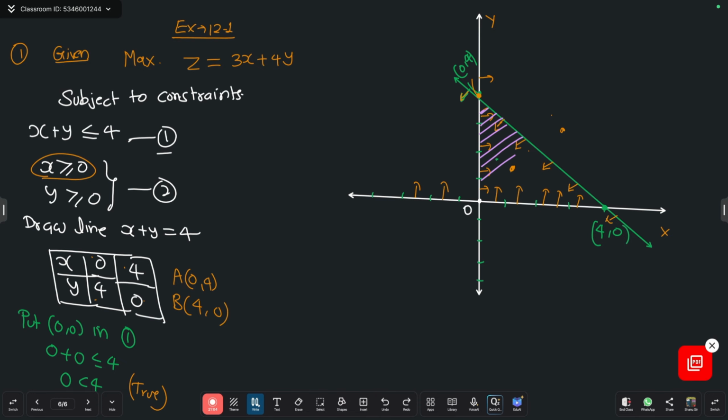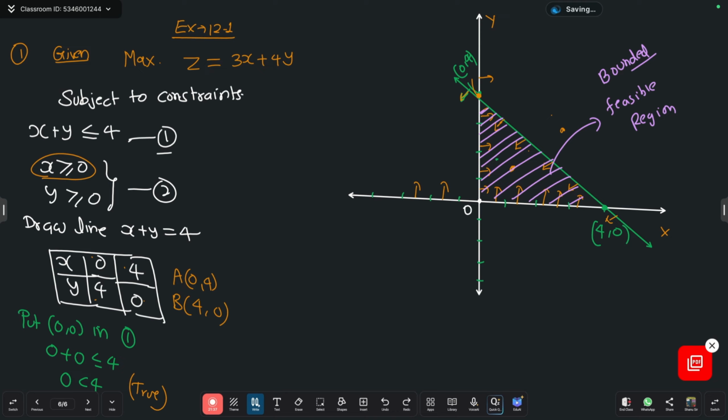Wherever I get my optimal value, this is called the feasible region. And this feasible region is bounded. If the feasible region is bounded, then the maximum will exist and the minimum will exist.